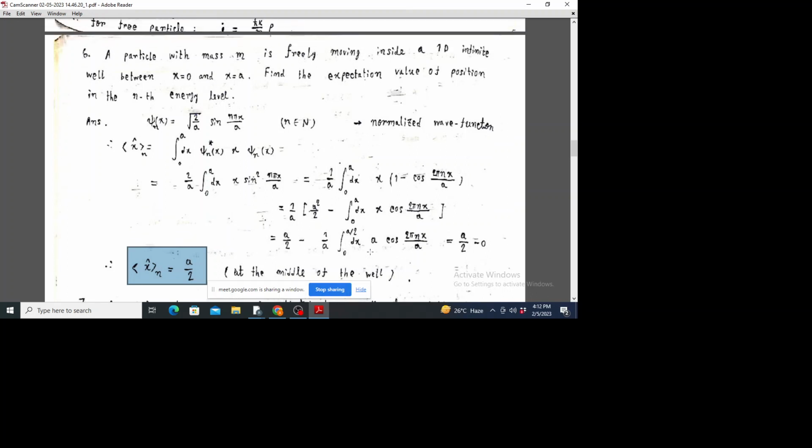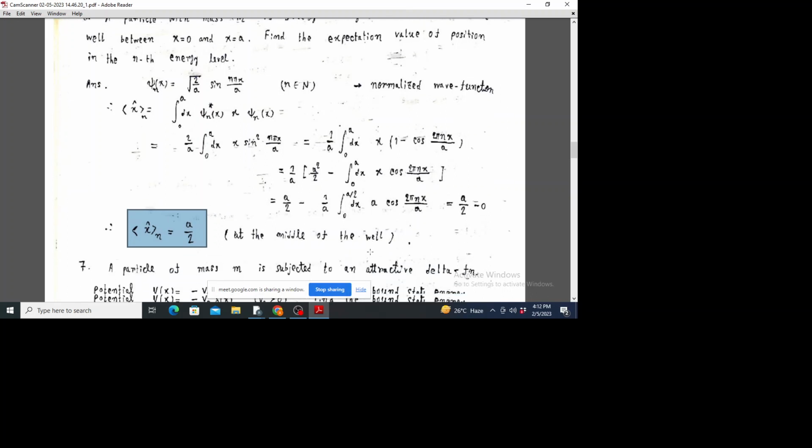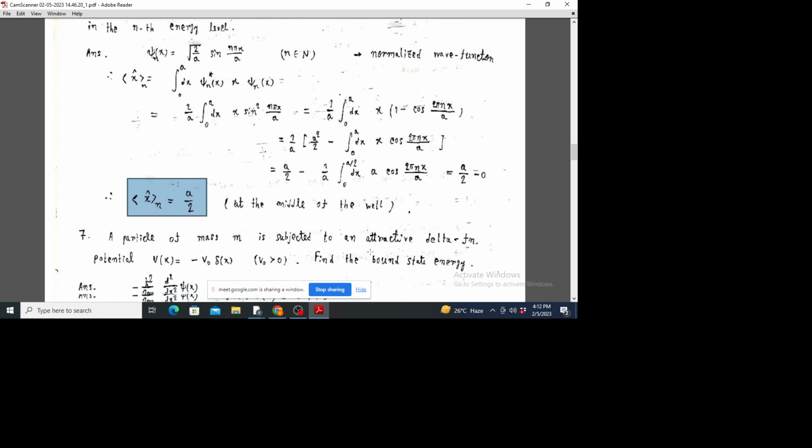So the result is at the middle of the well, and more importantly, it is independent of n. For any n, the expectation value is a by 2. So there is nothing more to discuss about this problem.